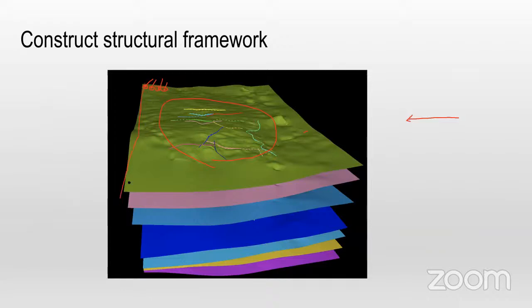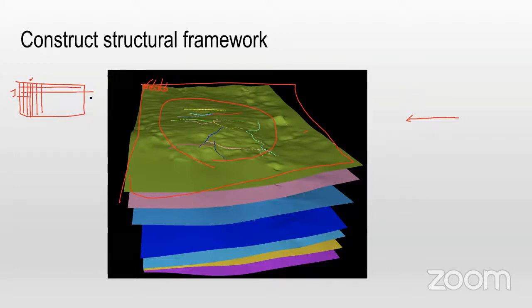For example, if I have a surface, look at this one, assume that this is one of the horizons, you can, in the X and Y, it means this surface, not Z, divide them into grids, and also in the vertical section, you can divide them into different layers.